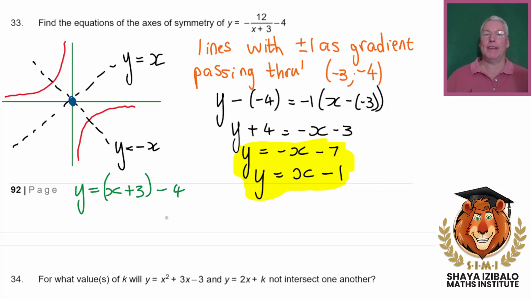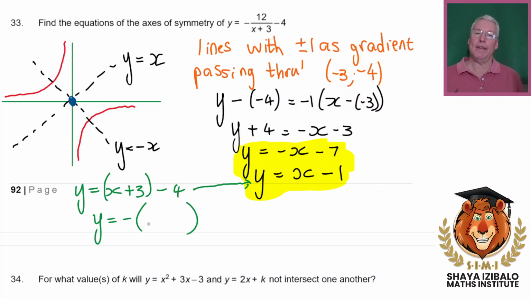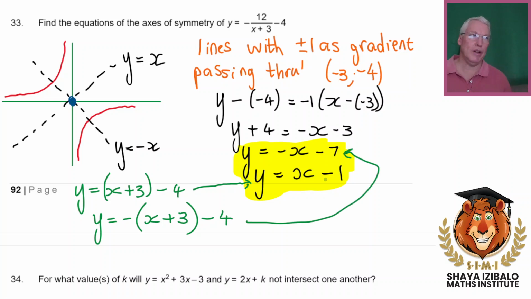And this equation over here is exactly that equation over there. The other one, think of y equals minus x. But now, instead of an x here, we're going to move it 3 to the left and then 4 down. And this one, if we simplify it, comes to minus x minus 7. And so there they are. Okay, so two different methods, both of them equally good.